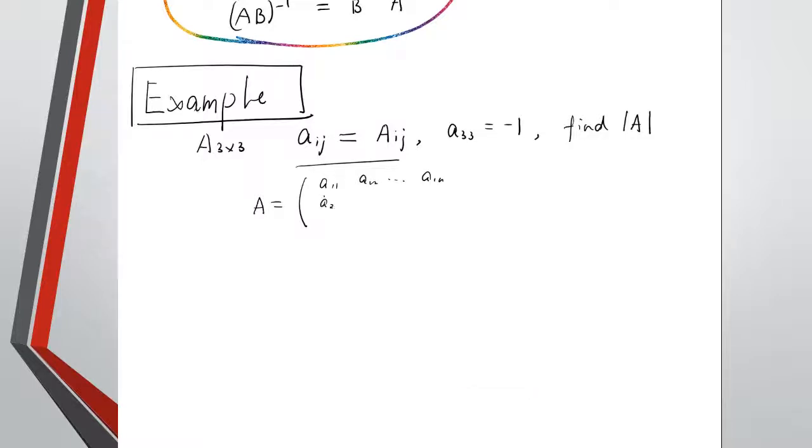And we have a21, a22, and a2n. And then we have an1, an2, and ann.